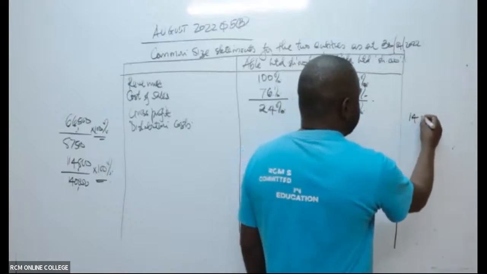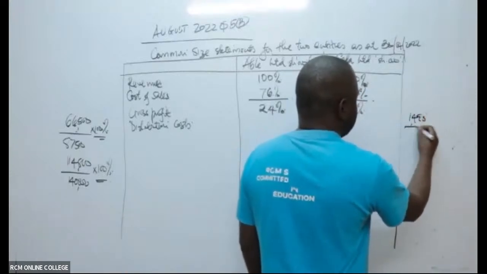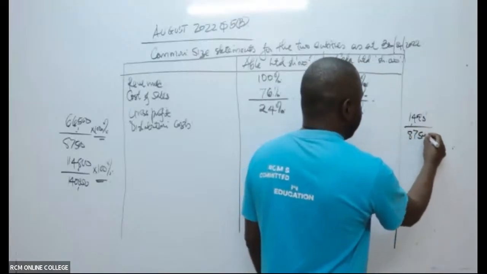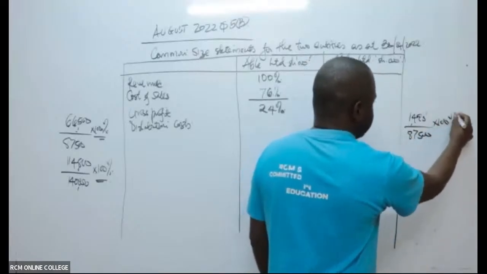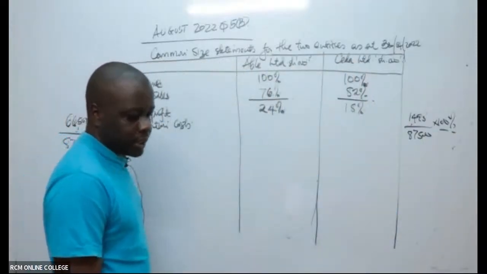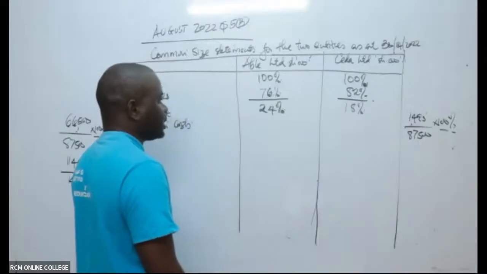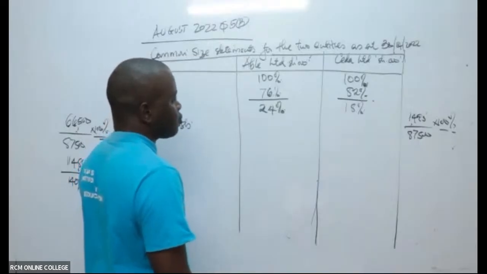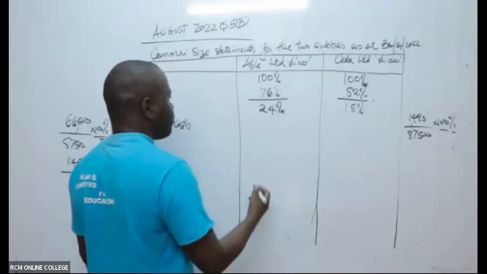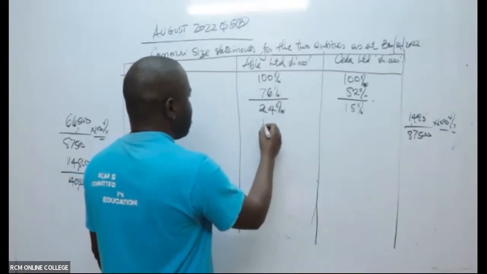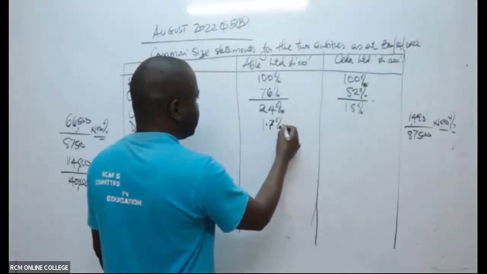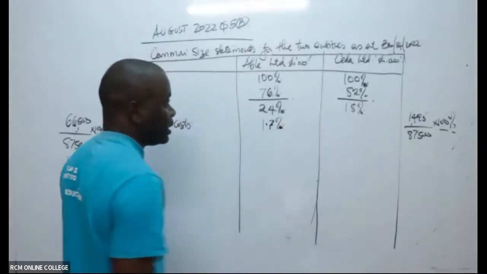You multiply by 100%, and you're getting 1.71. I don't know if we round off to one figure or two figures. We can round to one figure, so let's say 1.7%.